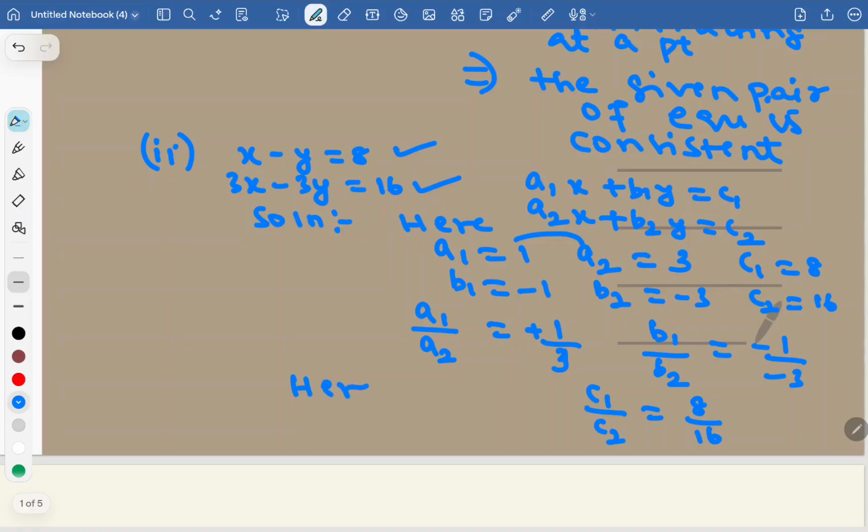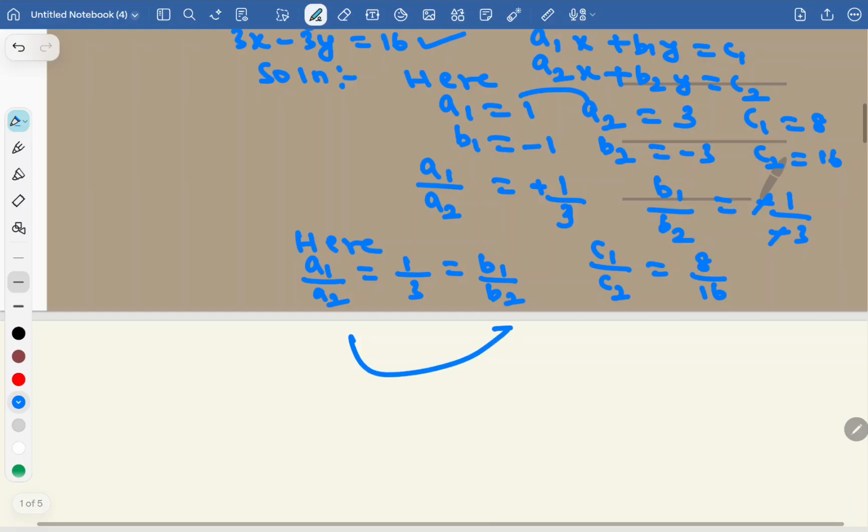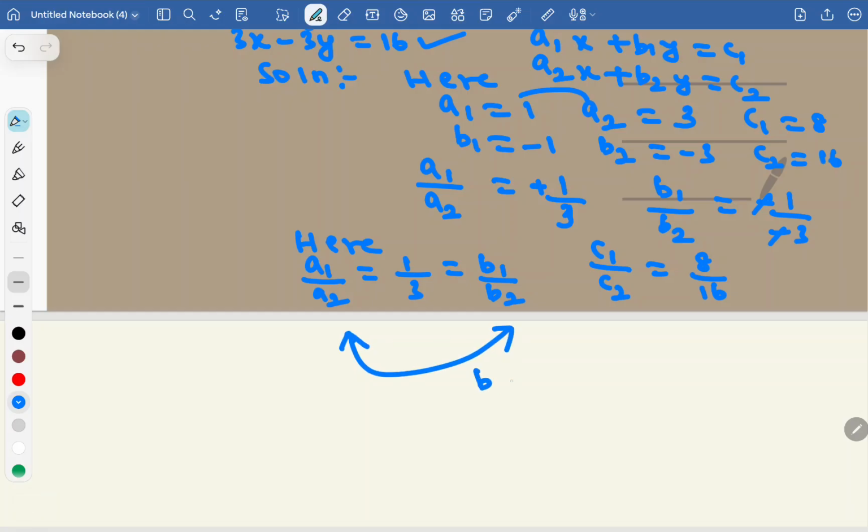Here a1 by a2 is equivalent to 1 by 3, and b1 by b2 is also 1 by 3. These two are equal, but what is c1 by c2? 8 by 16, which simplifies to 1 by 2.